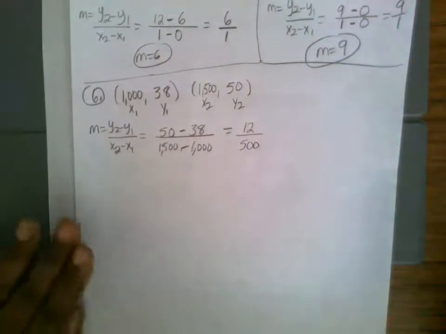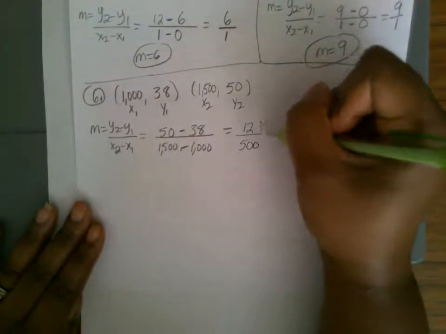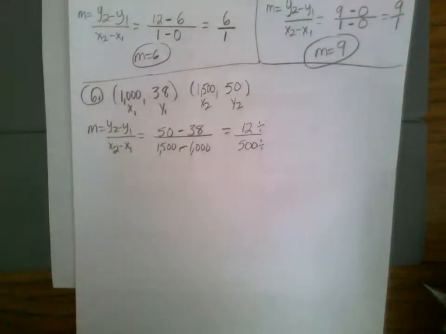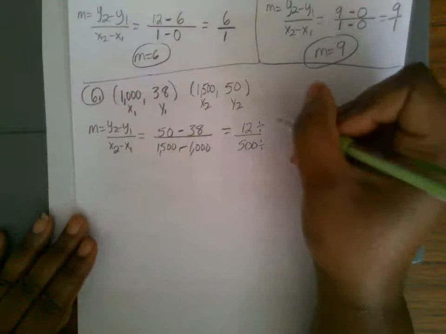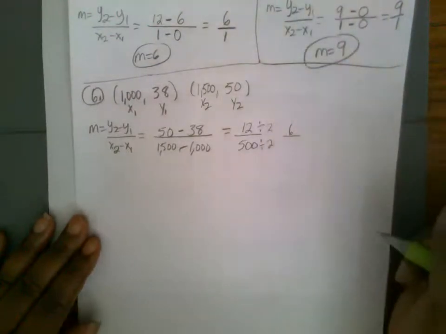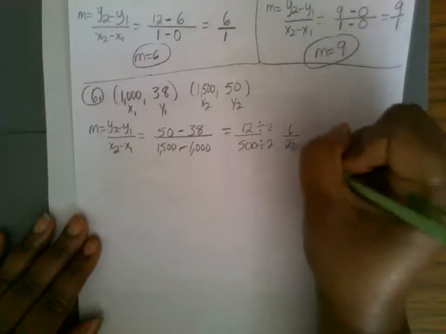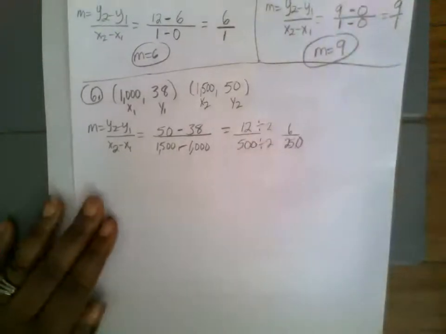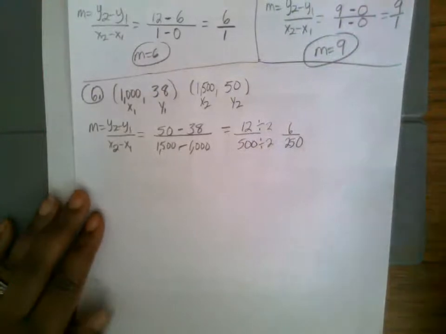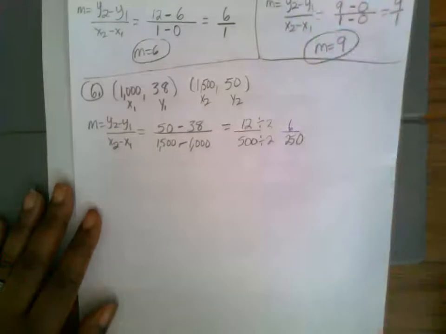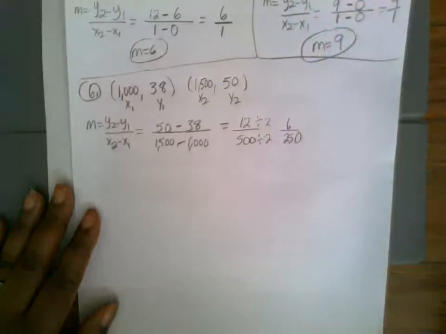When you reduce this fraction, you think of what number will go into both the top and the bottom evenly with no remainder. And you could try 2, and this will give you 6, and this will give you 250. All right. On the calculator, just make sure that if you want to reduce this fraction, I will type in.